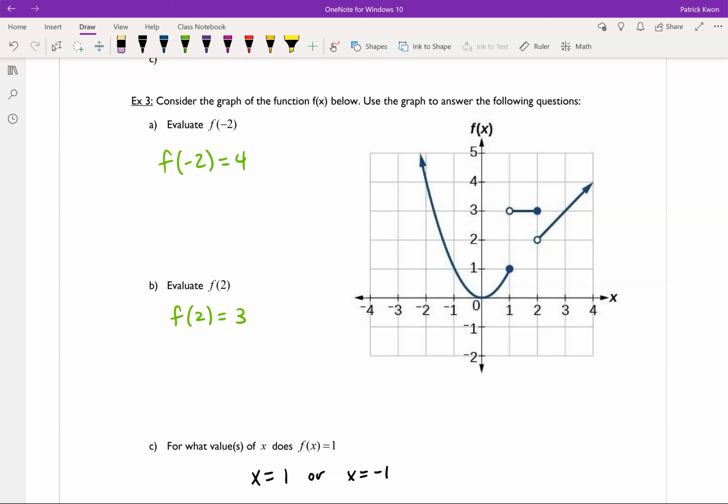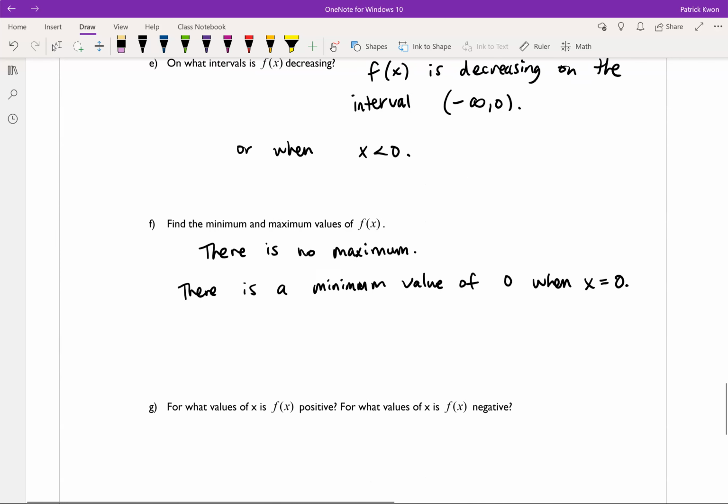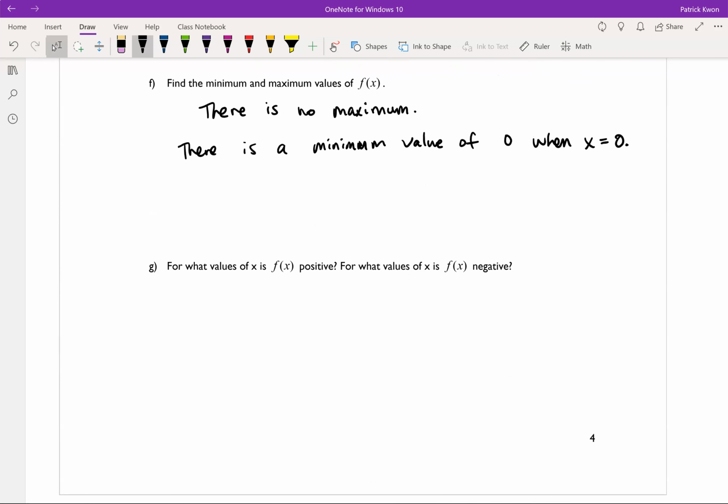And then when is it positive? Well, it's positive almost everywhere. Remember that 0 is neither positive or negative, so it's basically positive everywhere except when x equals 0. So let's answer this. We can say f of x is never negative.